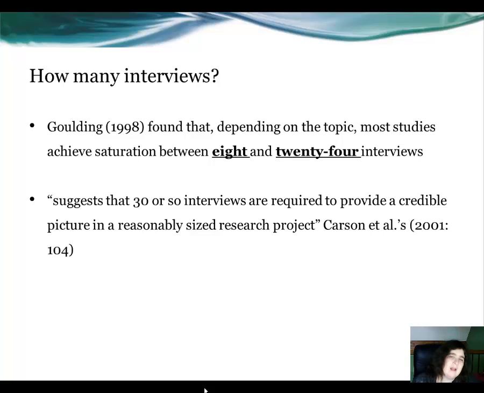Carson et al. suggest that 30 or so interviews are required to provide a credible picture in a reasonably sized research project. But I have to go back to saying, depending on the topic. Here I would suggest you interact with your supervisor and get guidance from them, because another researcher, Eisenhardt, says around 8 interviews would be sufficient.